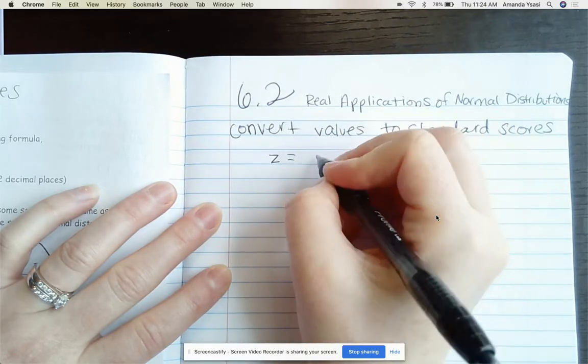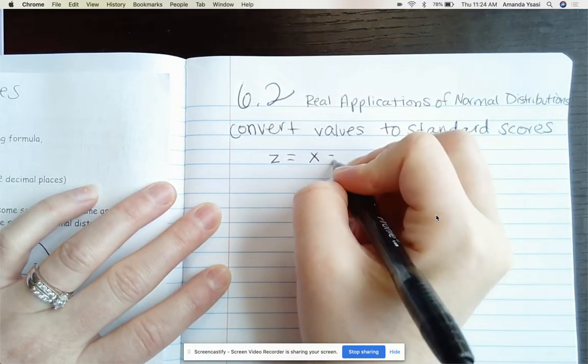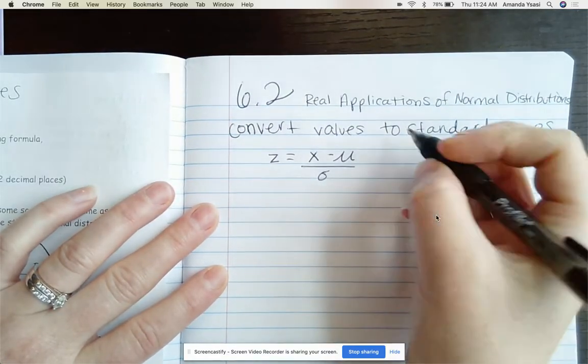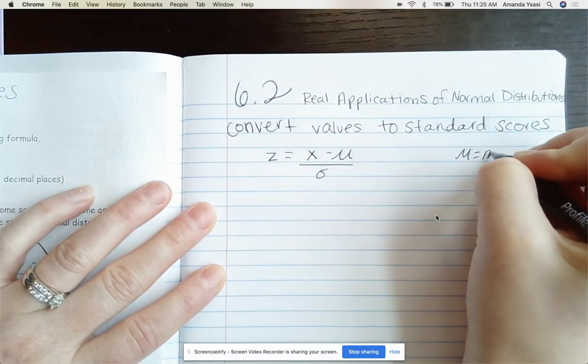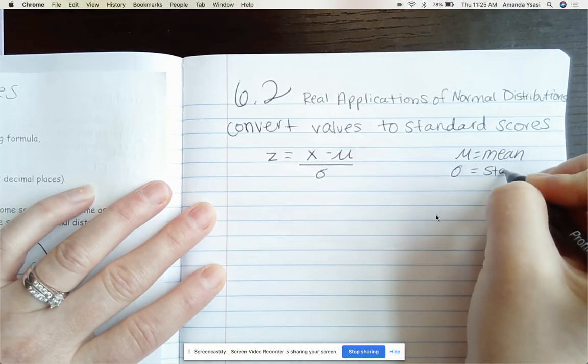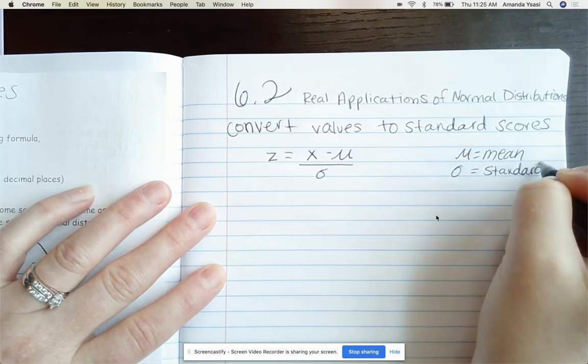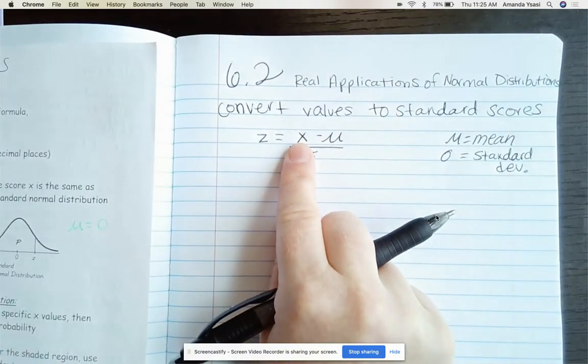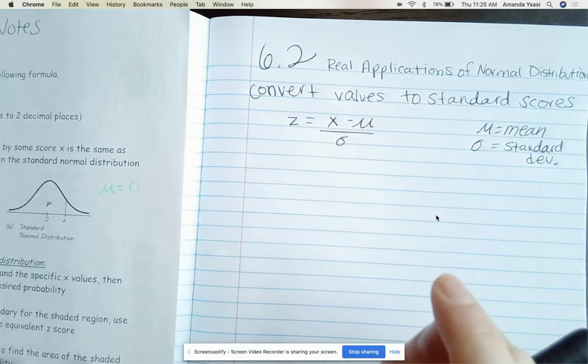You're going to do whatever x value you have minus mu, which is our mean, over standard deviation. So remember, this is your mean, and this is your standard deviation. And x is the value that you're testing.